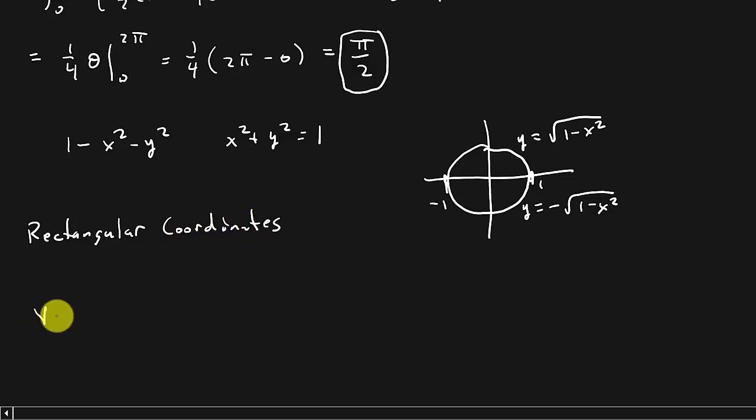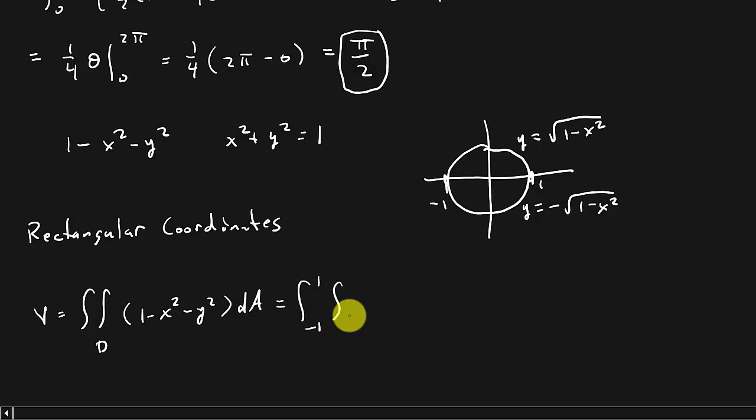So if I were doing this in rectangular coordinates, the volume is equal to the double integral. All right, so this is going to be -1 to 1, because remember your constants, they're going to always go on that outside integral. Well, let me write this first. All right, so that's going to be -1 to 1.